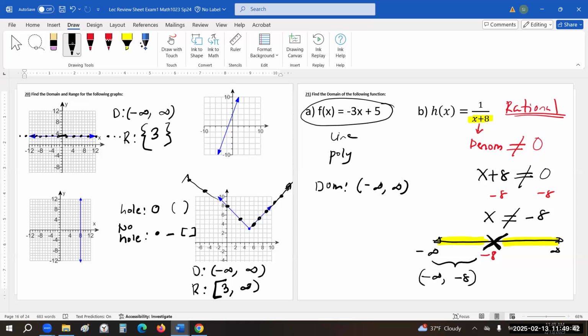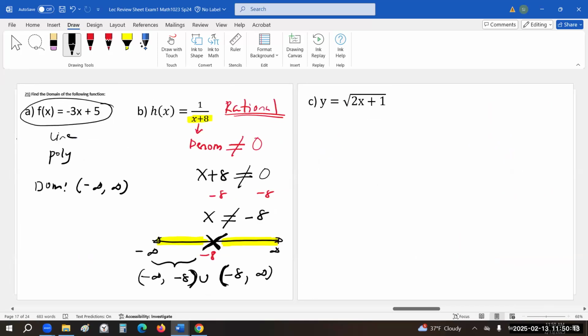And the second: -8 to infinity. And we must put parentheses for -8 because we cannot substitute -8 for our x. When you cannot use a number for x, we represent that by a parenthesis, just like the hole. A hole means we don't have any number there. Same thing here, at -8 we have a hole. We cannot use -8.